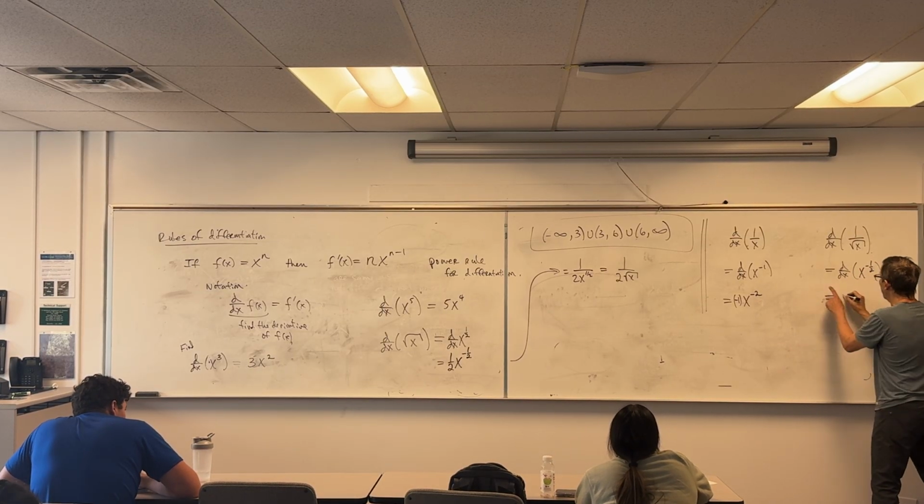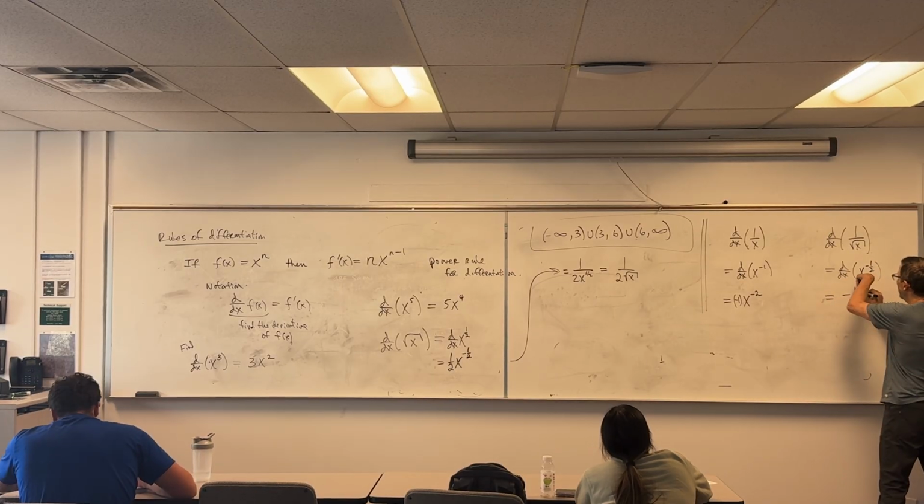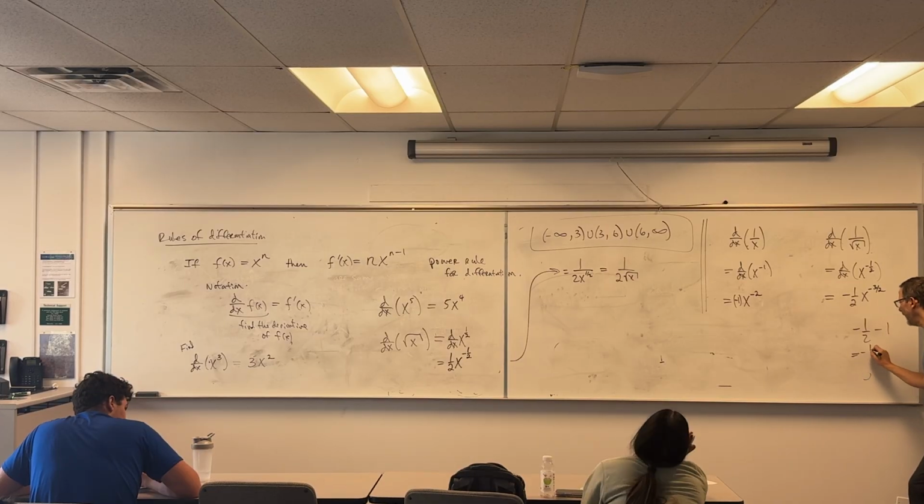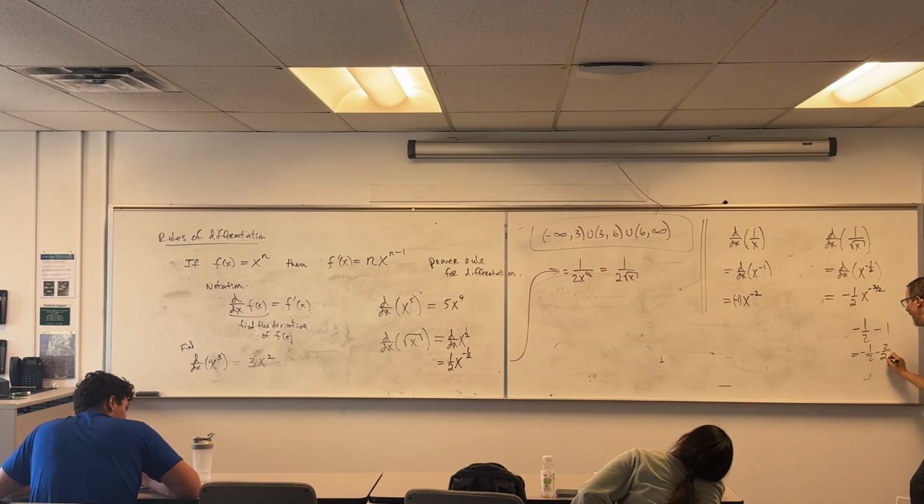Here, the -1/2 comes out front. What's my new exponent? -3/2. So we have -1/2 minus 1. That's -1/2 minus 2/2. That's a good old -3/2.